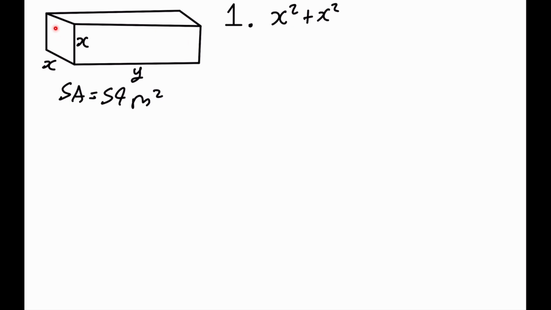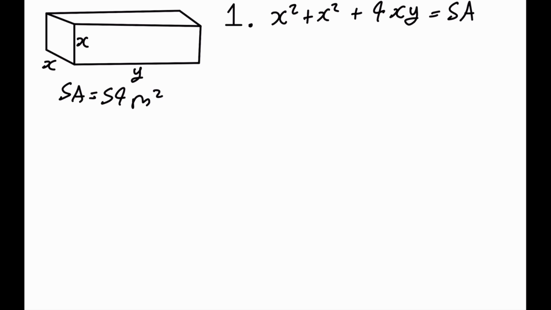So we have two squares here. Then we would have plus x times y to get the area of this. And then we'll multiply it by 4 because we have this area here, the one at the back, and the one below it. So we would have 4xy.